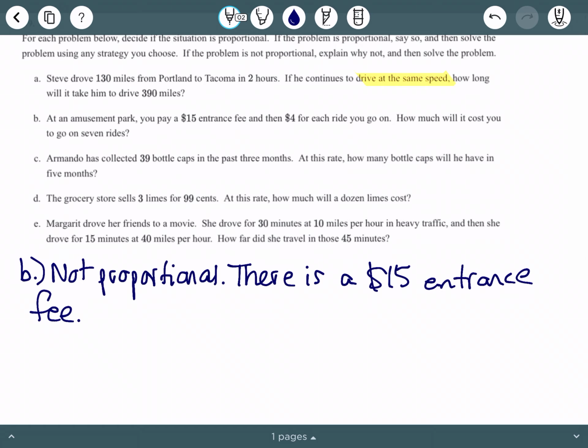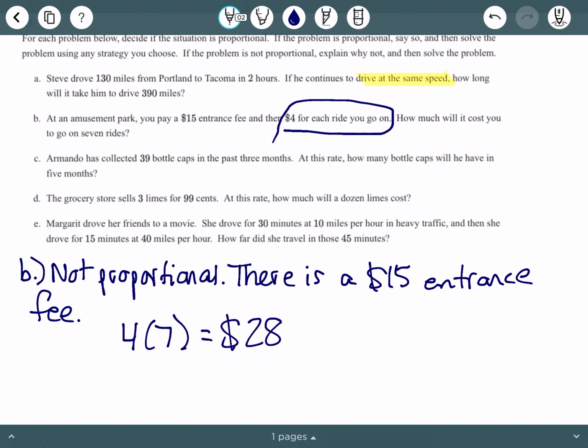Well, for this one, I think I'm going to use unit rate. I know that the unit rate is how much does it cost per ride. Well, it's $4 for 1 ride, each ride you go on. So I know that 4 times 7 is $28. So be careful now because we want to know how much total will it cost us to go on 7 rides.